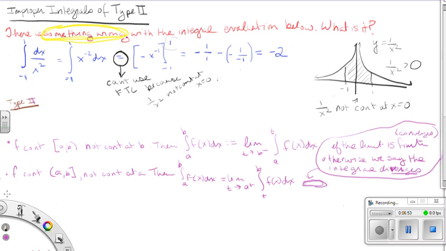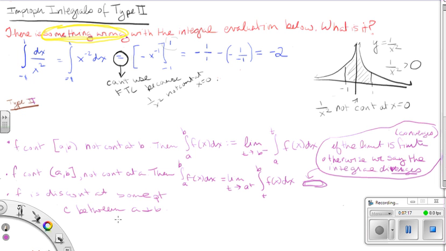And finally, there's one other case. f is discontinuous at some point c between a and b.